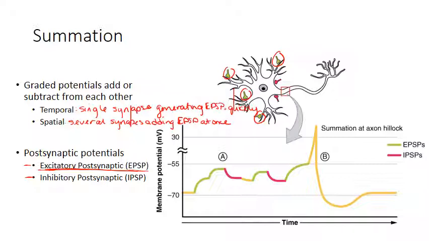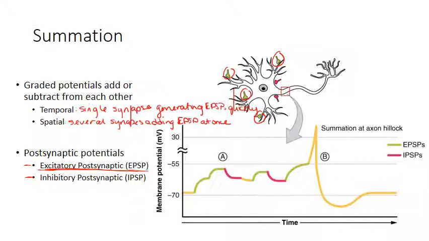And so we can actually add excitatory and inhibitory together. I want to trace this membrane potential down here. Here we are at a resting potential. We then get a couple of excitatory bumps, and we get close to threshold, but as soon as we're getting close to that threshold, we get an inhibitory bump.